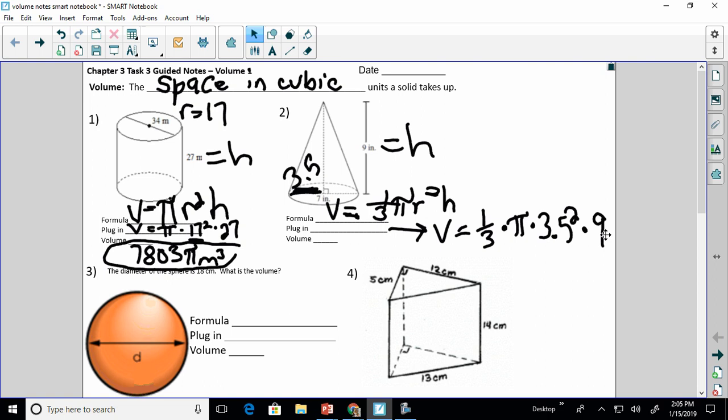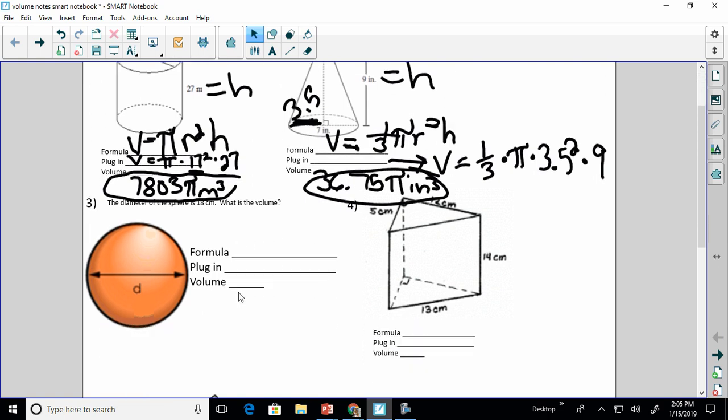So in your calculator, you type in 1/3 times 3.5 squared times 9, and I got 36.75 pi. That would be 36.75 pi inches cubed. So that is the cone.